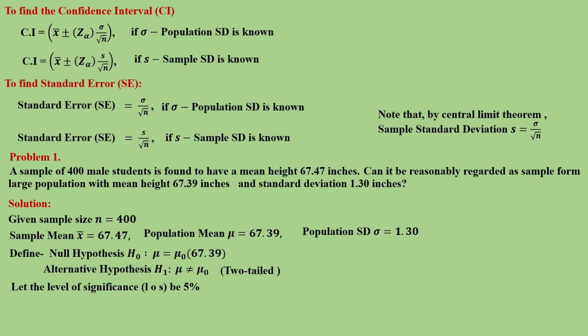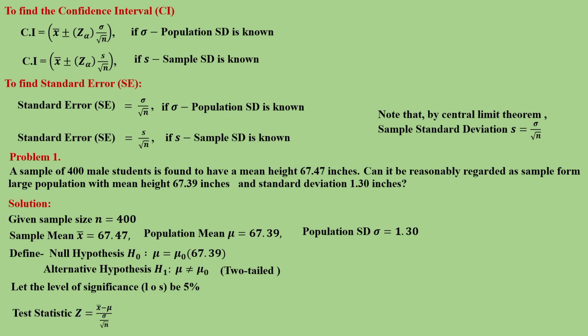Let the level of significance LOS be 5%. If they have not given any significance level, assume 5%. You can take 1% or 10% also, but the standard is 5 or 1, so keep it 5.